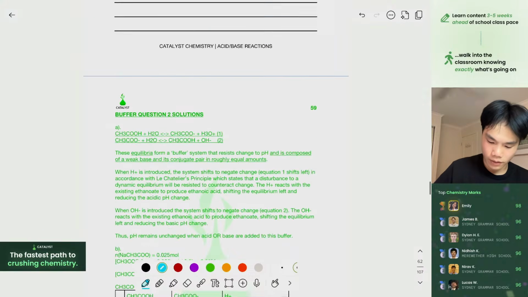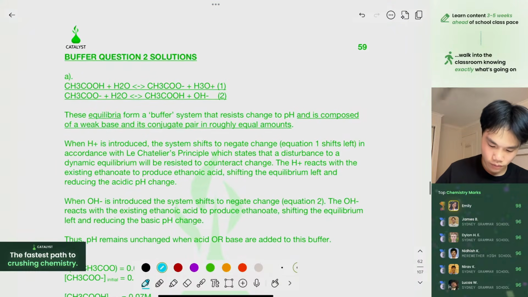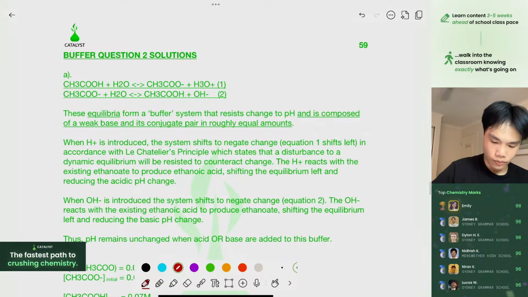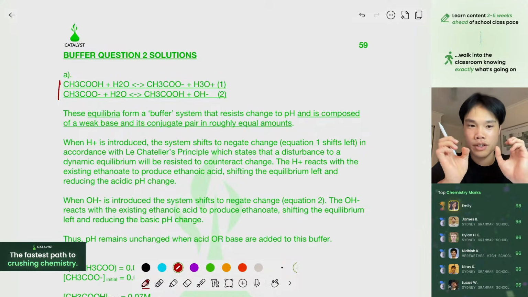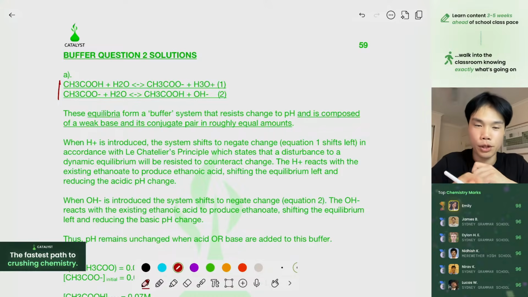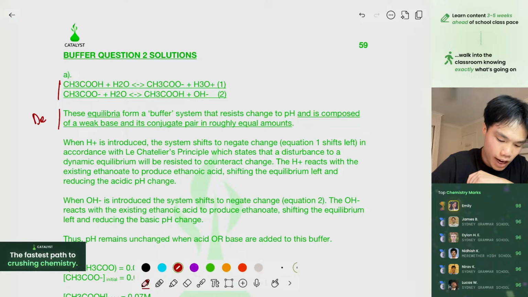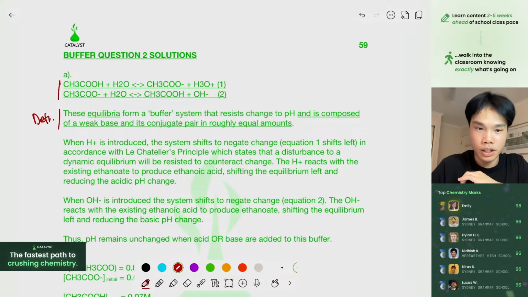So what does that look like? That looks like this. So your 2 equations are your weak acid and its conjugate base reacted with water to show the ability to form hydronium or hydroxide. Your definition, as we've already talked about today, goes on here. Each of these could be worth 1 mark.